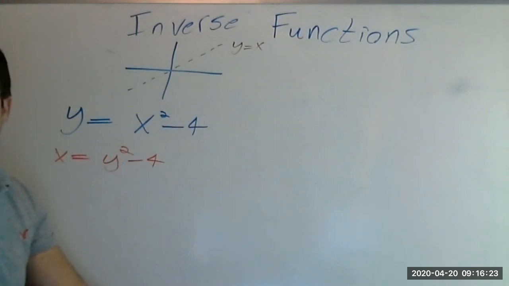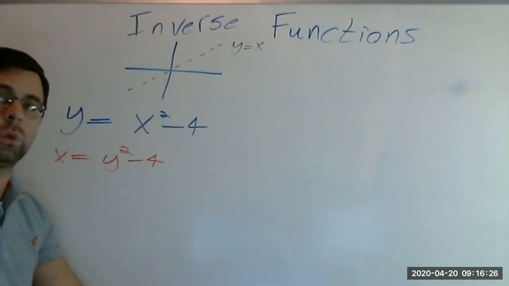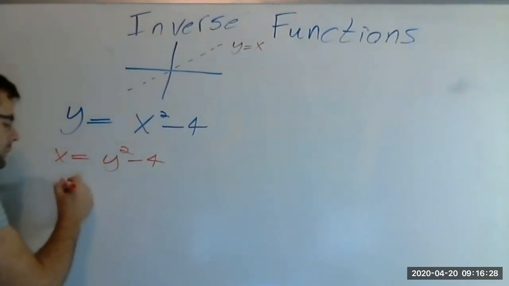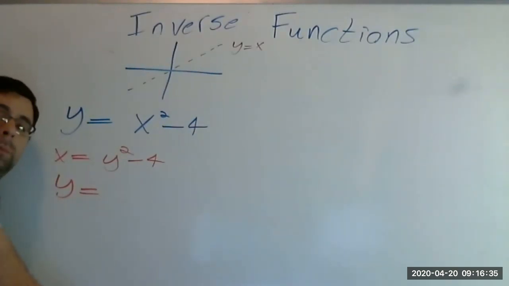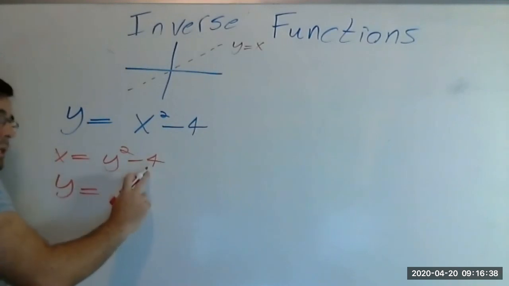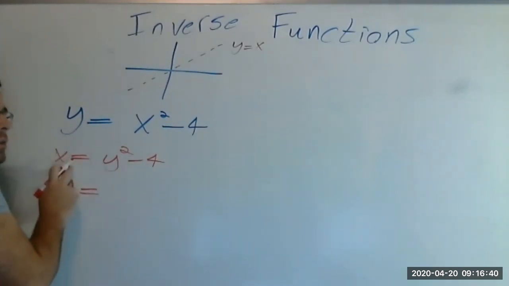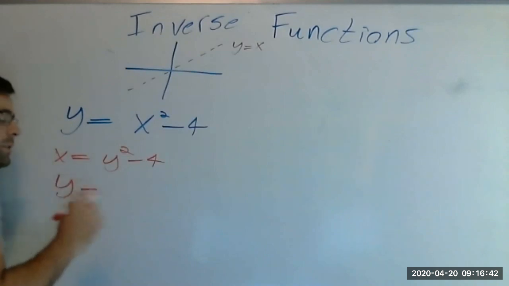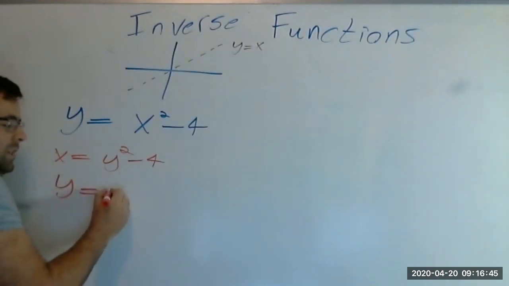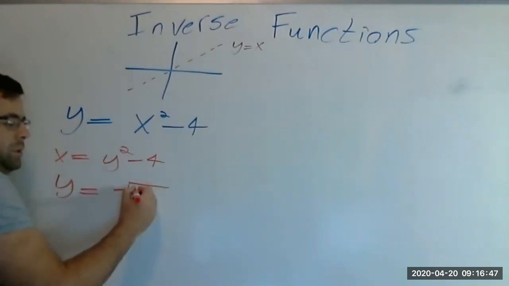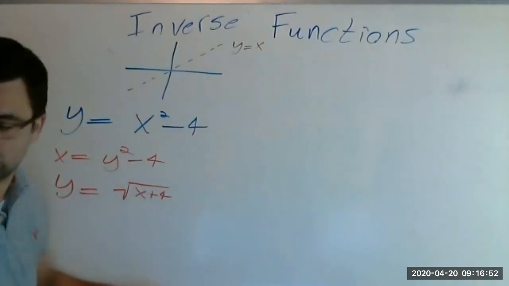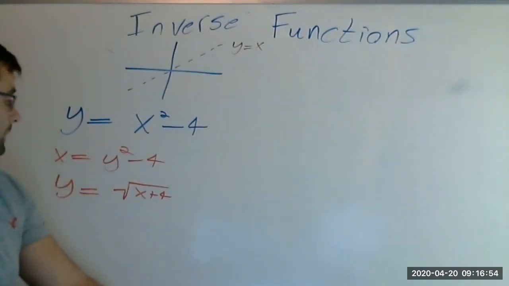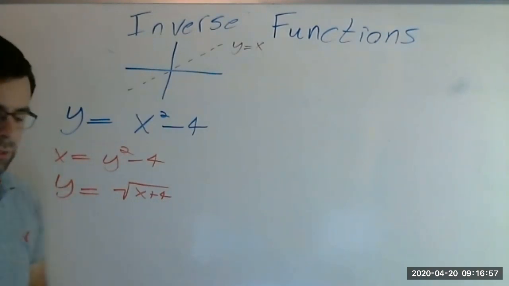So what does y equal? The square root of x plus 4? Yeah, so you take the 4 and you add it over. You have y squared equals x plus 4. So you have the square root of x plus 4. Okay, so we're going to look at this one for a second.